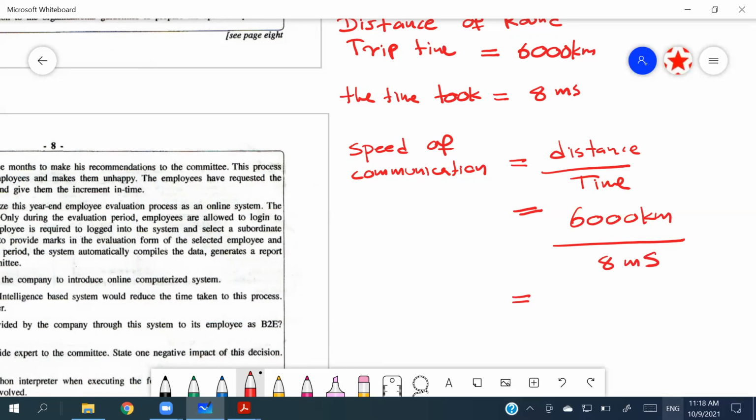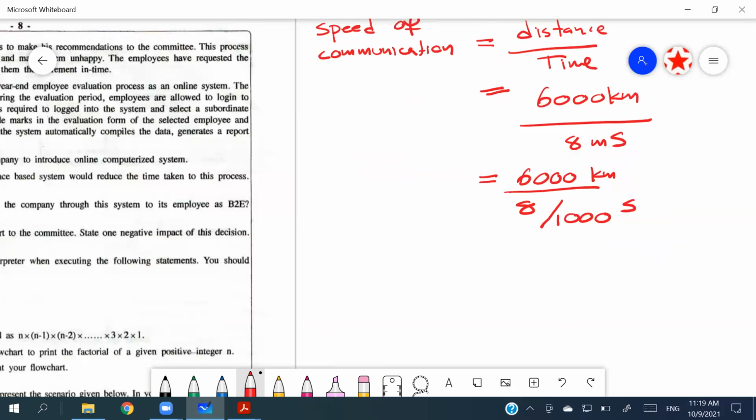To find the speed in kilometers per second, these 8 milliseconds should be converted into seconds. So that means 6,000 divided by 8, and 8 should be divided by 1,000 to indicate it in seconds, because a second has 1,000 milliseconds.